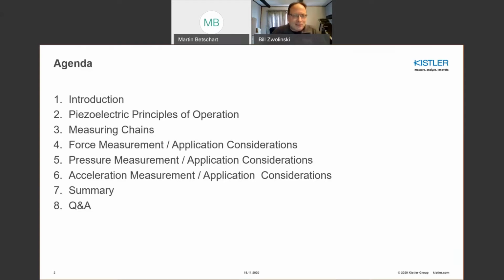Let's get started. So the agenda today is going to be a bit of an introduction on hydrodynamic applications, as well as a review of piezoelectric principles of operation. We're going to touch upon measuring chains, primarily the charge amp and data acquisition side of the equation, and certainly go in and introduce some force, pressure, and acceleration measurement techniques and application considerations for sure.